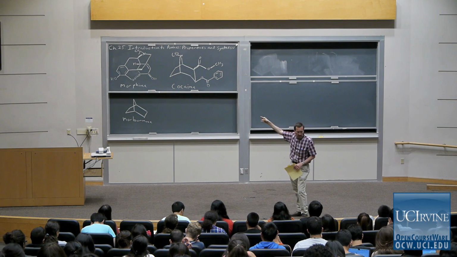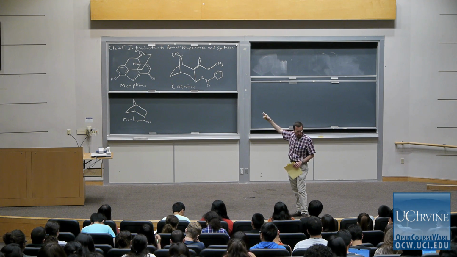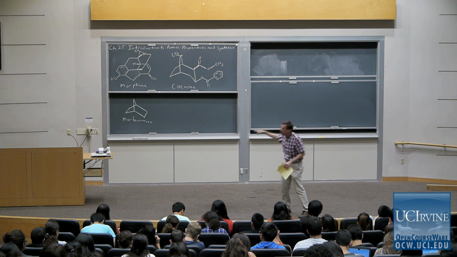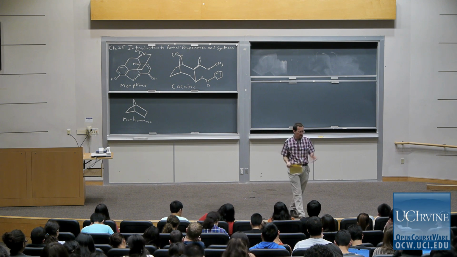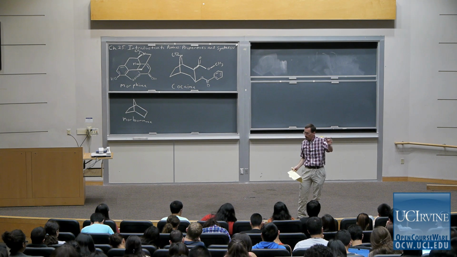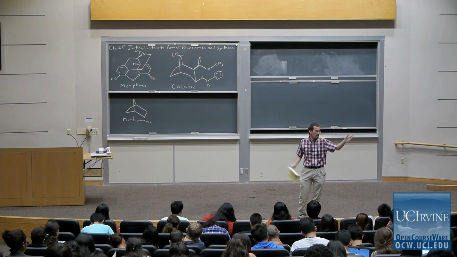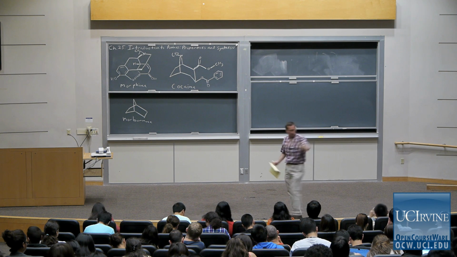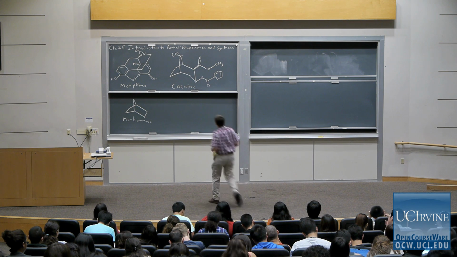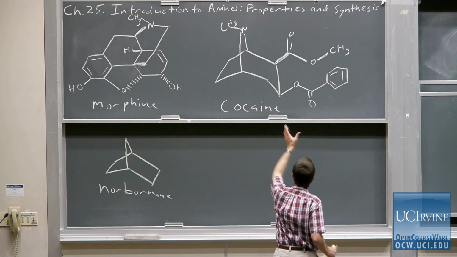You've got a basic amino group in there. The amino group is going to behave as a base. You can extract alkaloids into aqueous acid solution by protonating them. And then you can remove various impurities and then treat with base and extract back into organic solvents. So you can recognize functional groups.